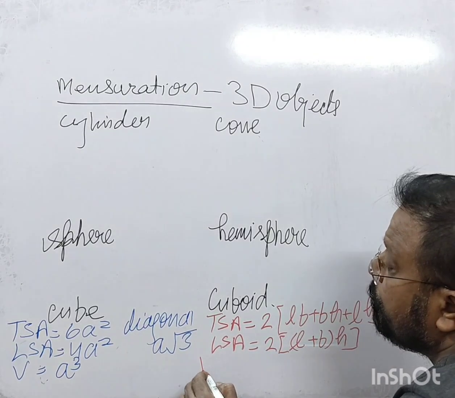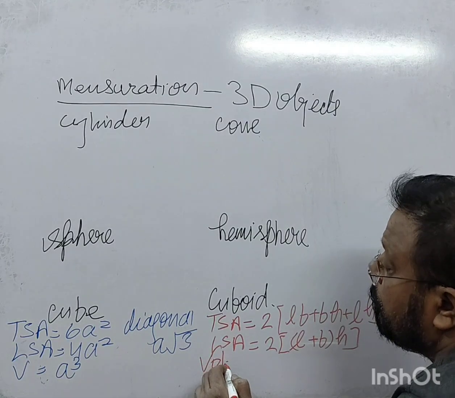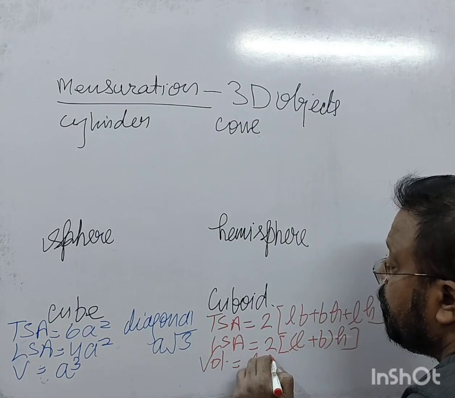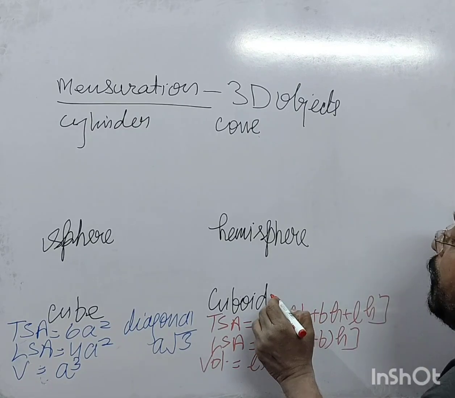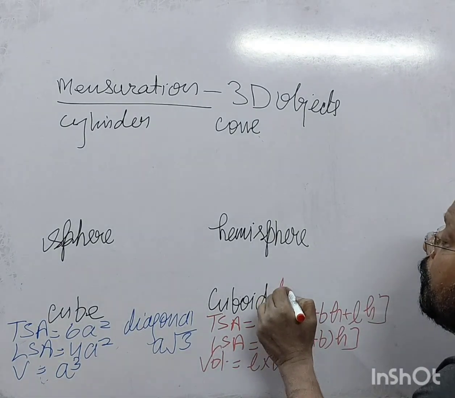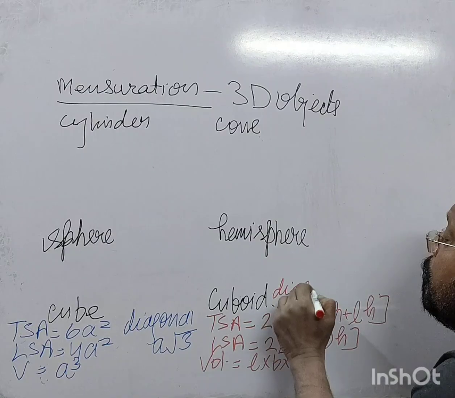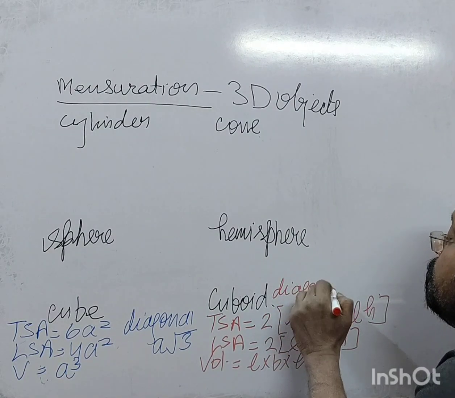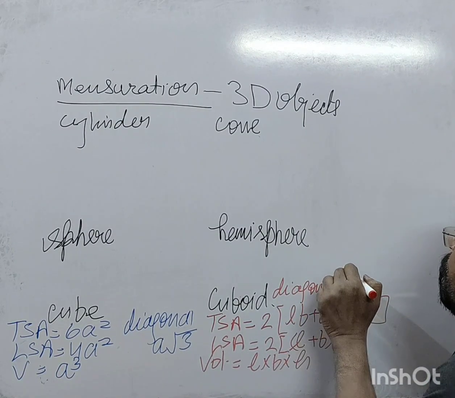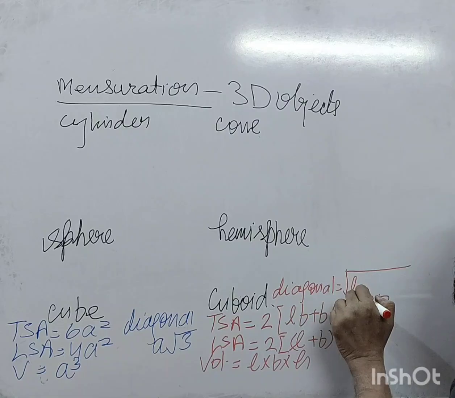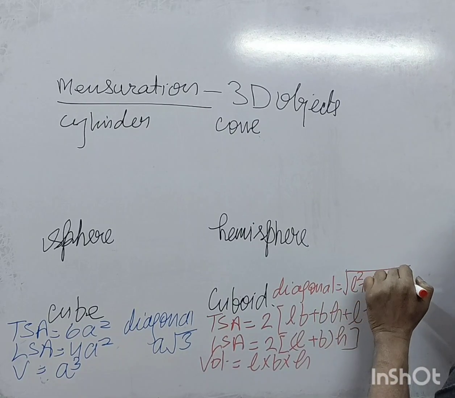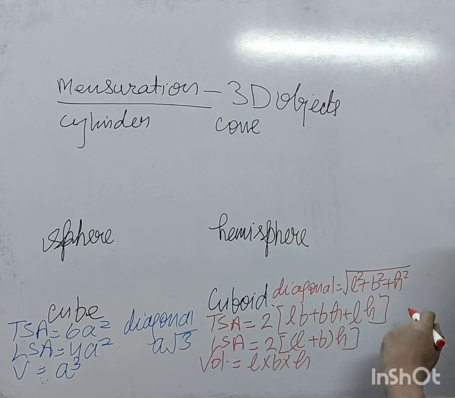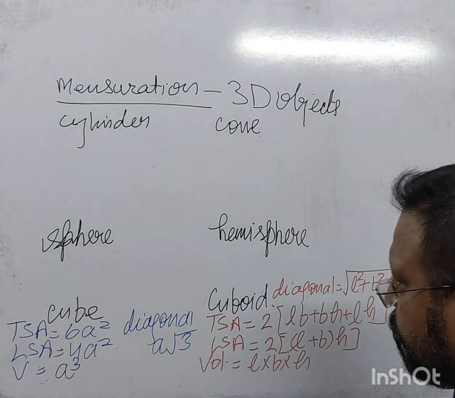Volume is equal to l into b into h, and diagonal is equal to root over l square plus b square plus h square. This is all about cube and cuboid.